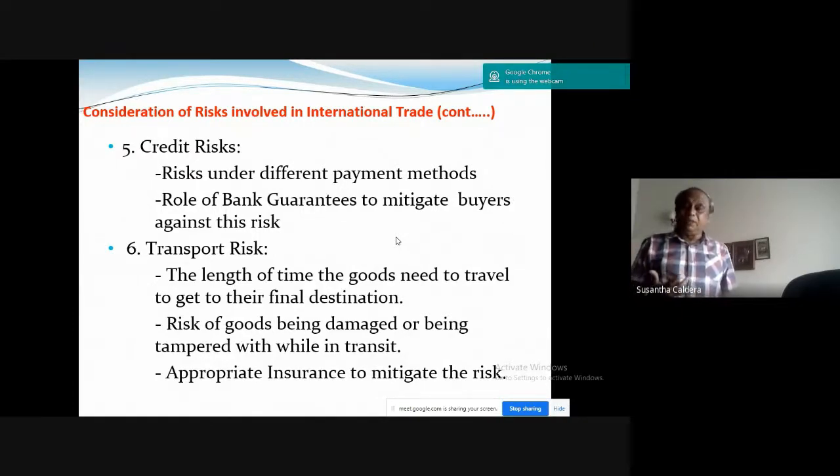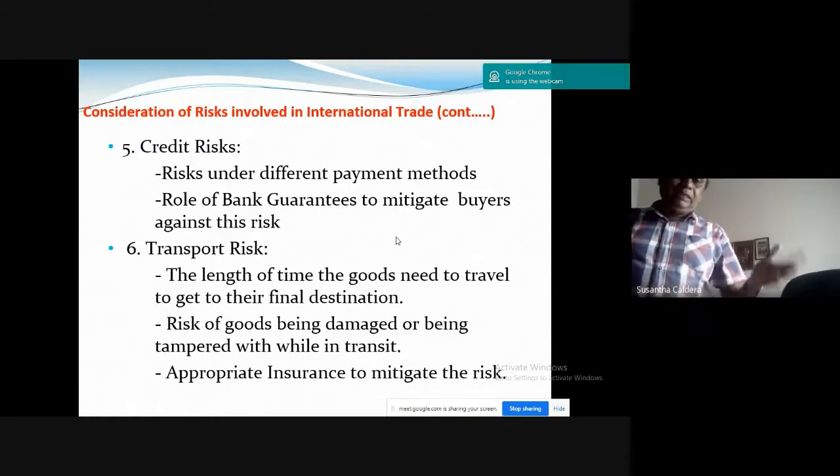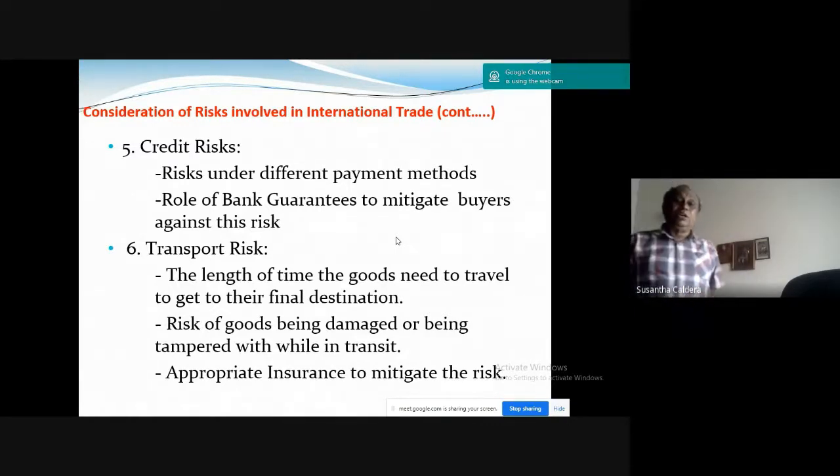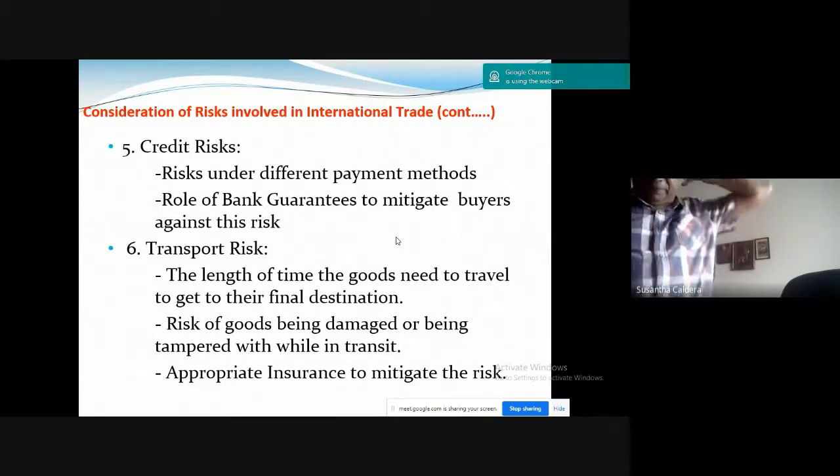If it is open account, it is riskier to the seller. Right? Okay, then the role of bank guarantees to mitigate buyers against this risk. You can take bank guarantees to mitigate the risk.